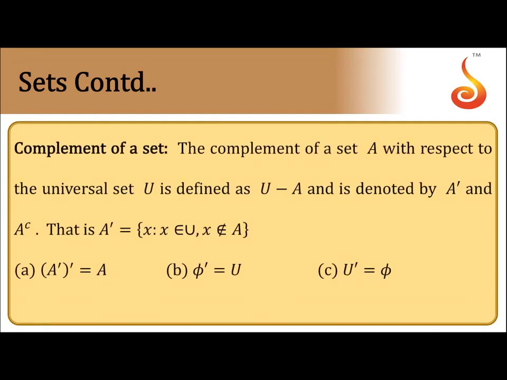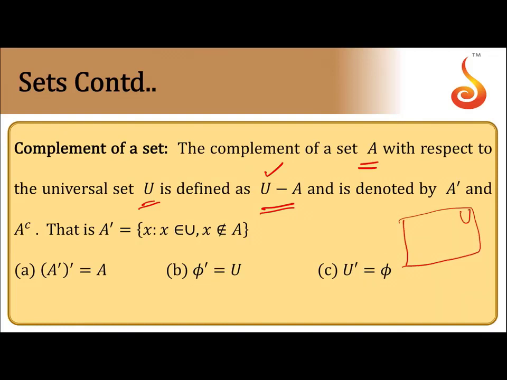Let's proceed to the next one. Complement of a set. What is meant by complement of a set? Suppose I consider a set A in the universal set. The difference of the set A from the universal set is called the complement set.